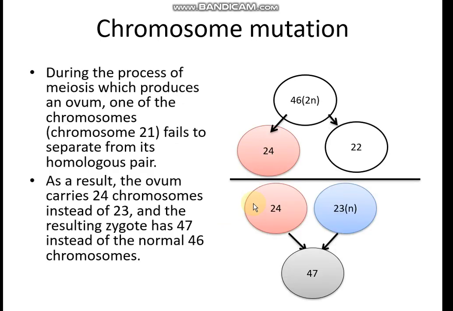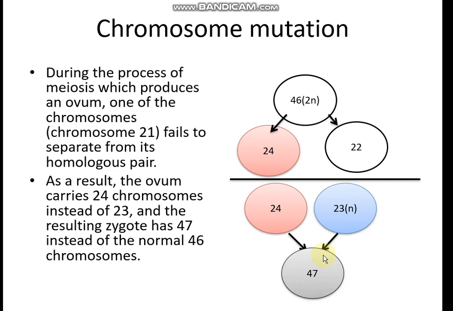But if a chromosome mutation arises, then one cell may receive 24 chromosomes and the other cell may receive 22 chromosomes. When the gamete with 24 chromosomes fertilizes with a normal gamete, the zygote formed will have 47 chromosomes instead of 46, and this condition is called Down syndrome.